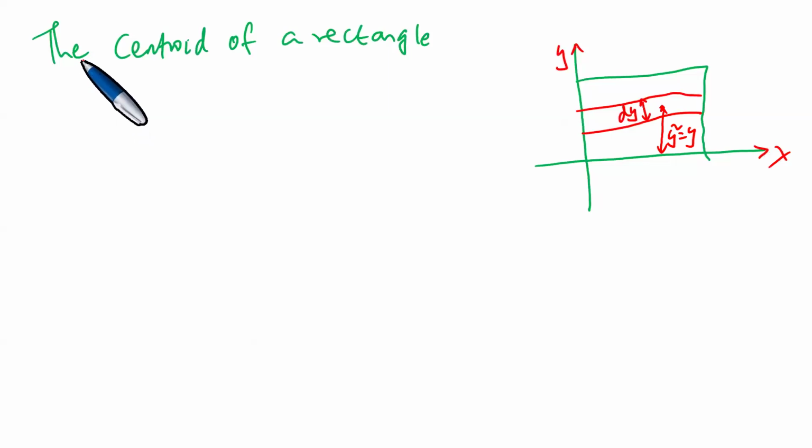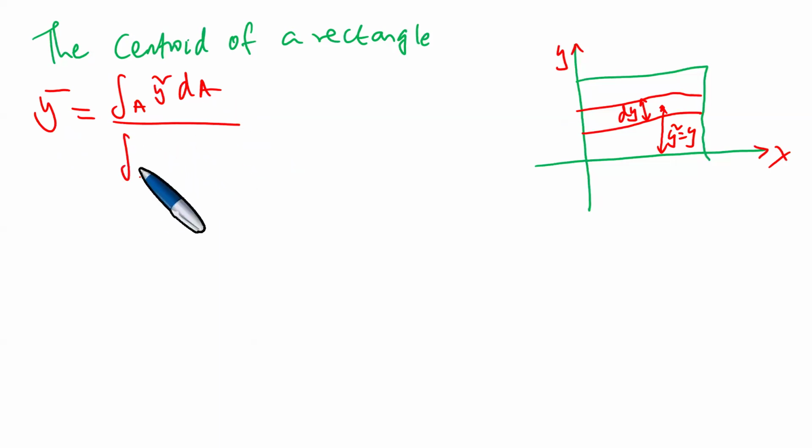So in the end, we have y bar, which is the integral of y tilde dA divided by the integral over A of dA. So we continue.